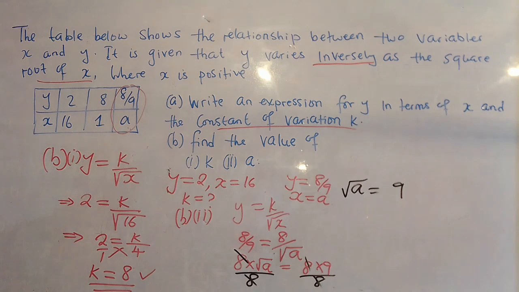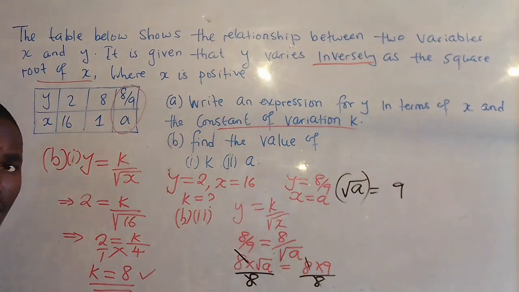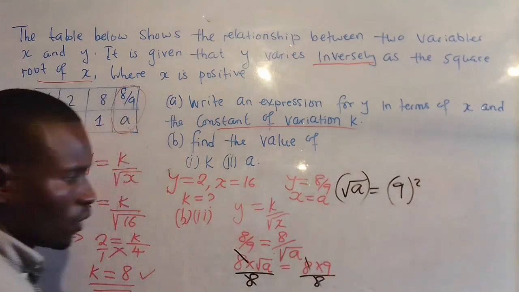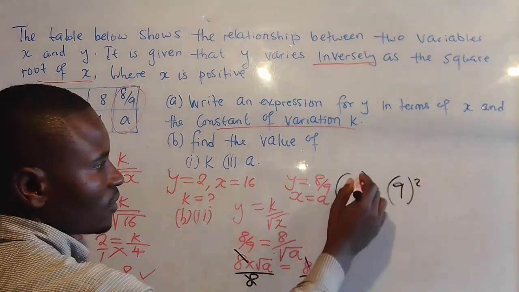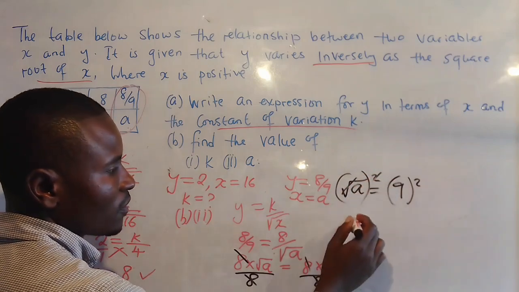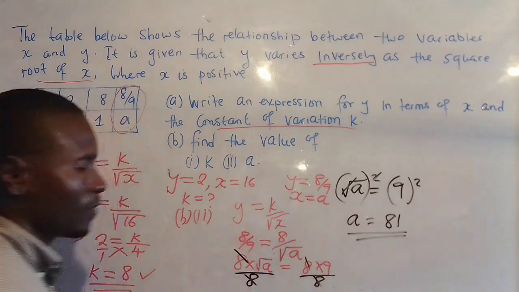Now, in order to get rid of the square root, you square both sides. So this and this go out, and my A is simply 81.